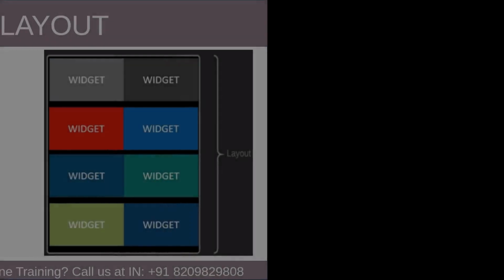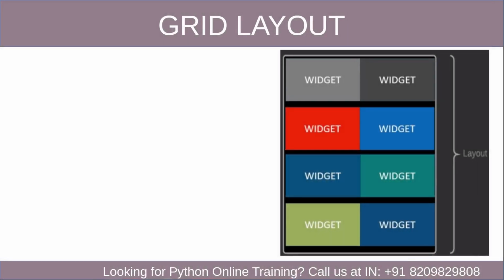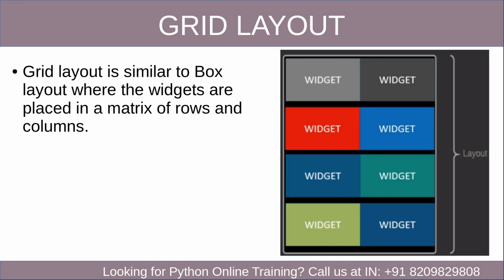So let me just move to that first. Grid layout. As we can see on your screen, there is one image on the right side. On that image there are different widgets placed in a format, like you're placing the widgets in a row or column format. Grid layout is exactly like that, where you can place your widgets in a matrix of rows and columns.